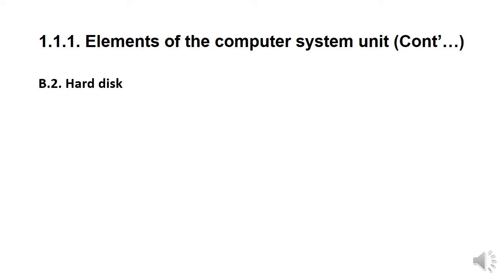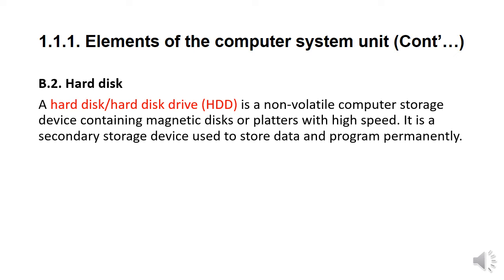Another component is the hard disk, or just hard disk drive, HDD. This component is a permanent storage device. The computer uses a hard disk to store information for a long time.